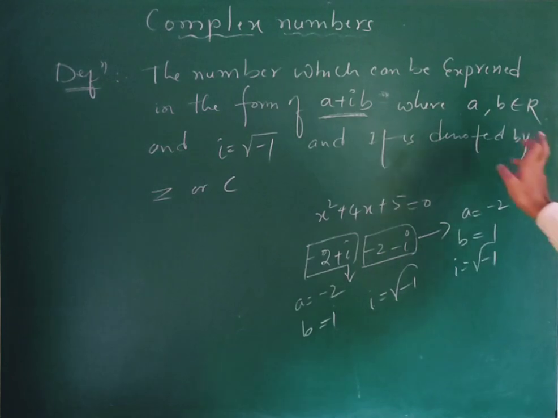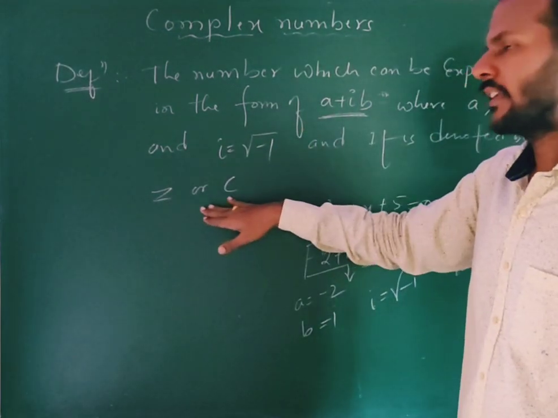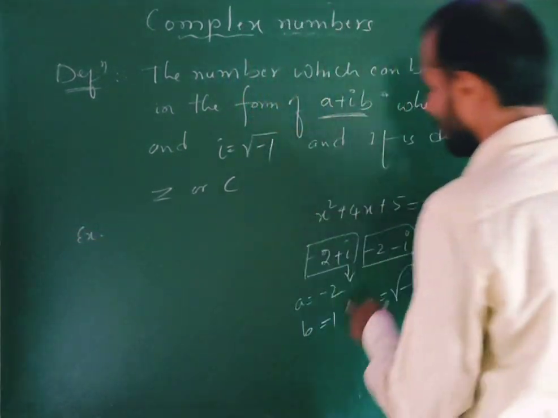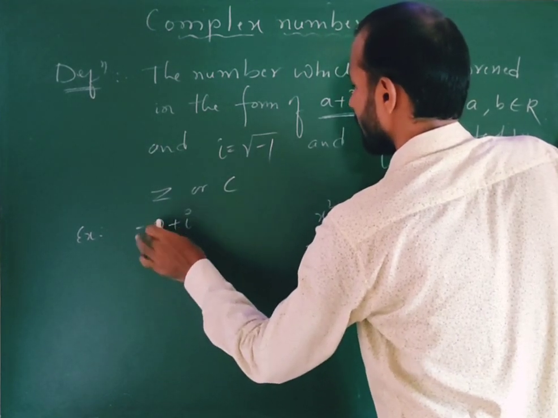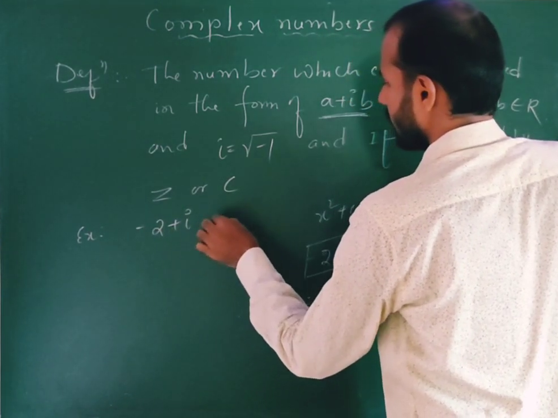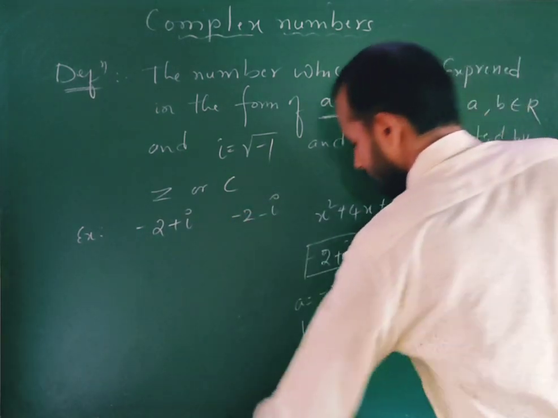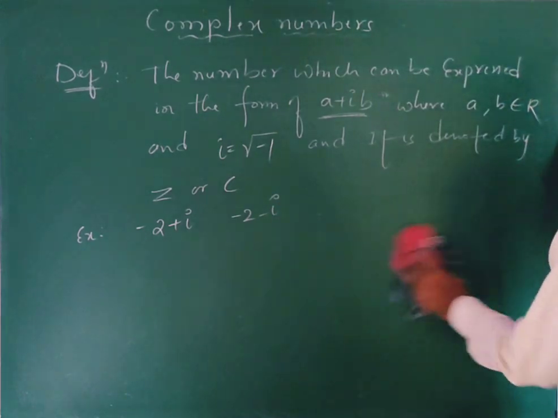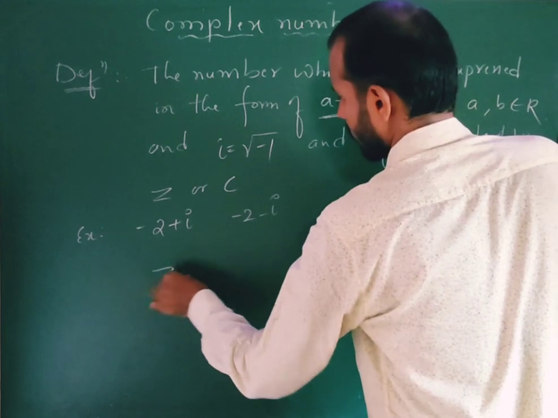Therefore, complex numbers are usually denoted by Z or C. For example, if we take minus 2 plus i and minus 2 minus i.